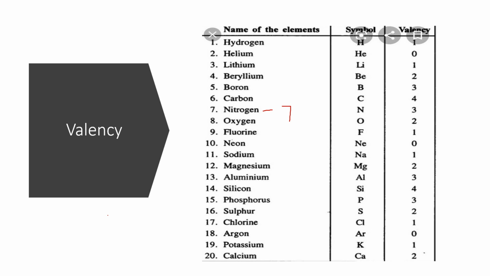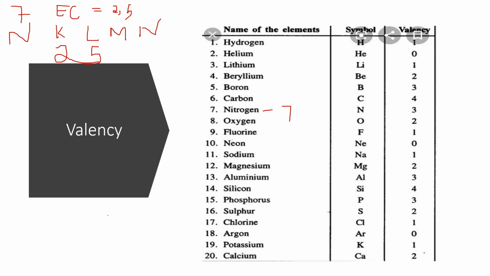We distribute the electrons into shells K, L, M, N. 2 electrons are filled in the first shell. Then 7 minus 2 is how much? It is 5. So 2, 5 is the electronic configuration for nitrogen.